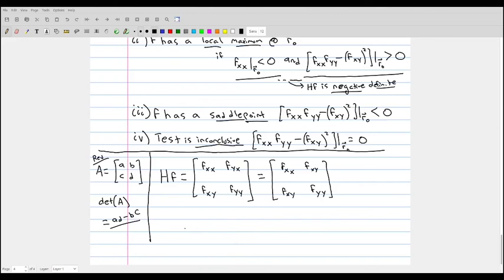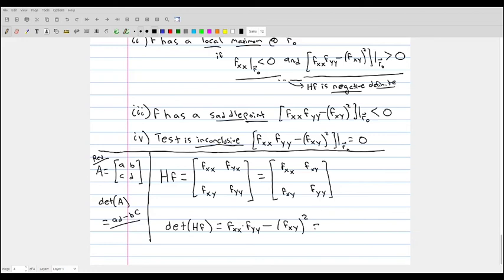So the idea here is the following: if you consider the Hessian matrix for a function, and you want to take the determinant of the Hessian matrix, well, the determinant of this Hessian matrix is exactly fxx times fyy minus fxy times fxy, which is fxy squared.